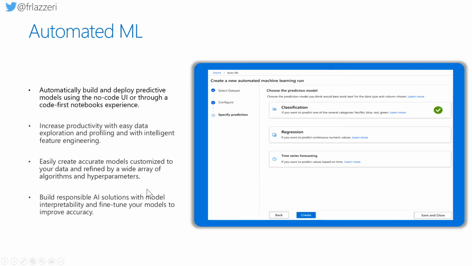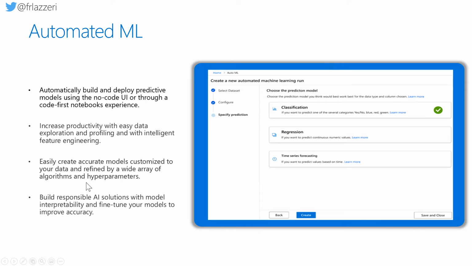As I said, it's a great option, especially if you want to increase productivity and decrease the time-consuming task of model development. For your data science teams, I think it's going to be a great option. And the most important thing is that it's also very well integrated with the responsible AI features that are now part of Azure Machine Learning.